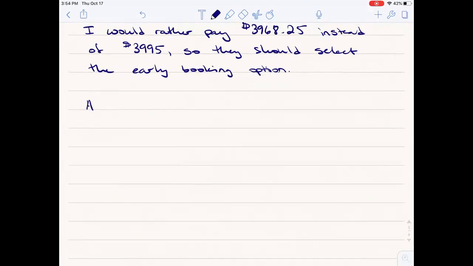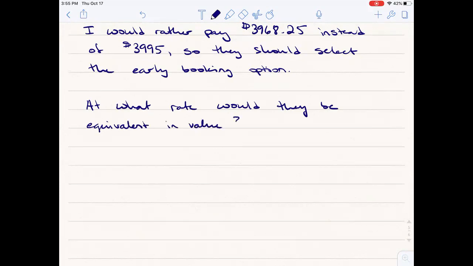So just to summarize what we're answering here, at what rate would they be equivalent in value? And this idea of equivalent payments is going to be huge in this whole course. Right?